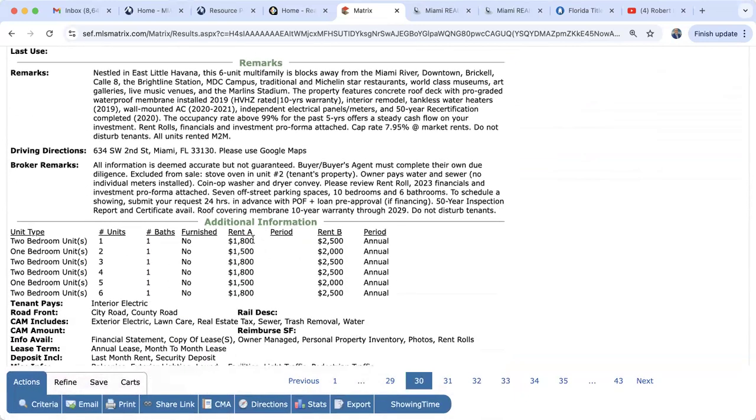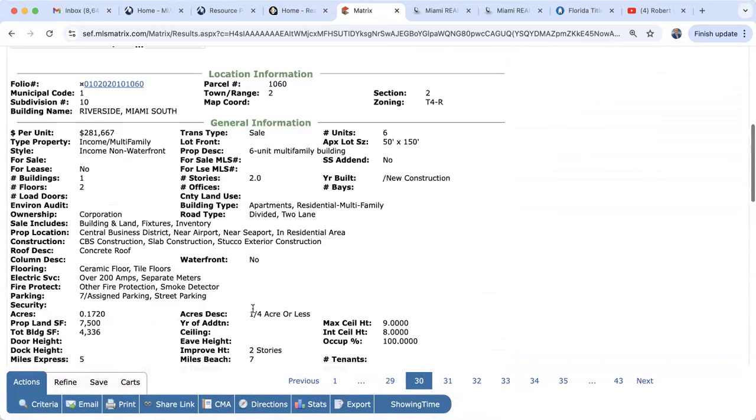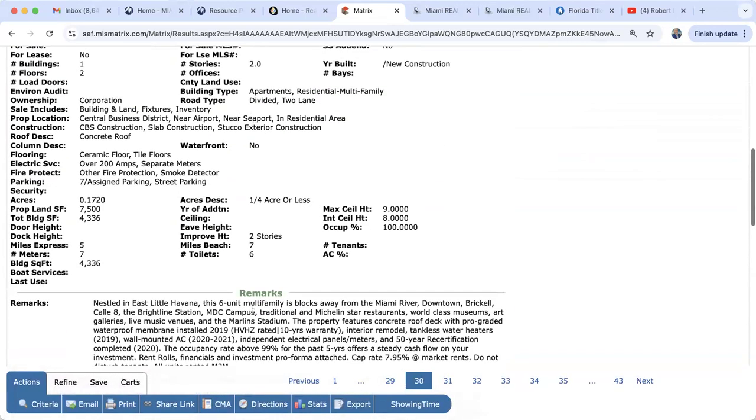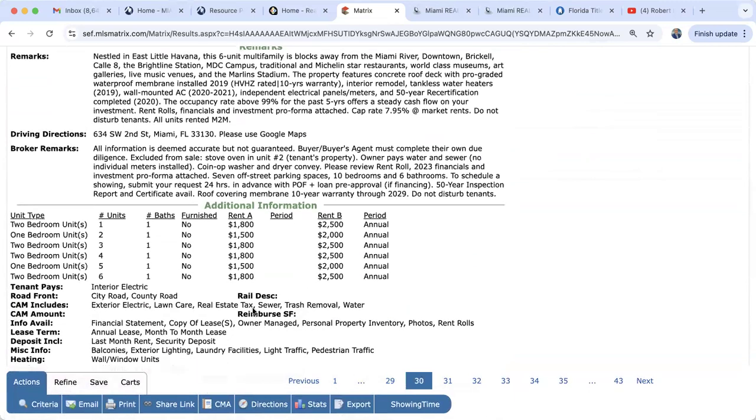Look at this one. This one is telling you 6 units, the total of the 6 units, and this is for 1,690,000. So if I come here and I just start adding, right? I start adding here 1,800 plus 1,500 plus 1,800 plus 1,800 again, plus 1,800 again, plus 1,500.